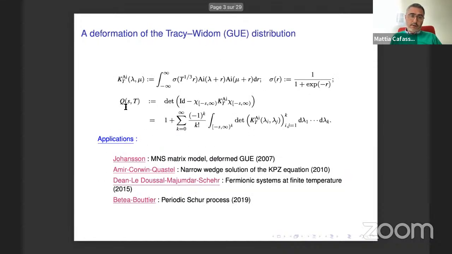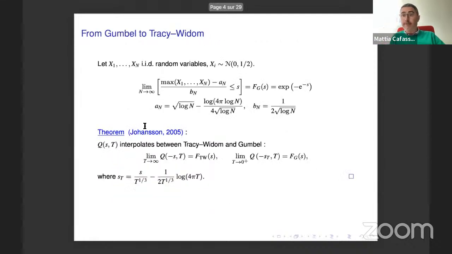So as Thomas said before, this q_{ST} in a way interpolates between the Gumbel distribution and the Tracy-Widom distribution. And this is something that already appeared in the paper of Johansson in 2005.